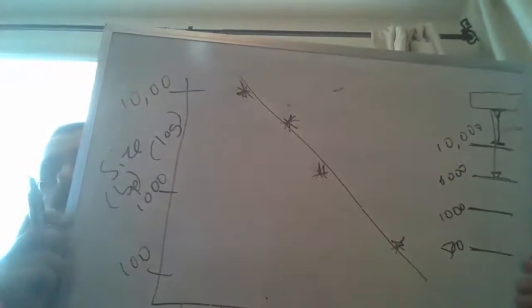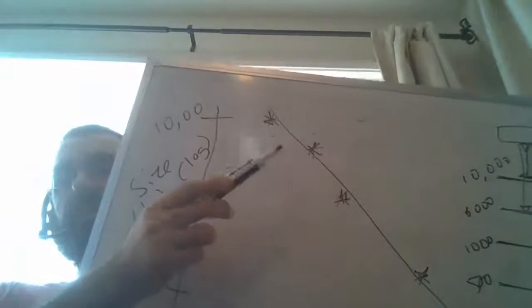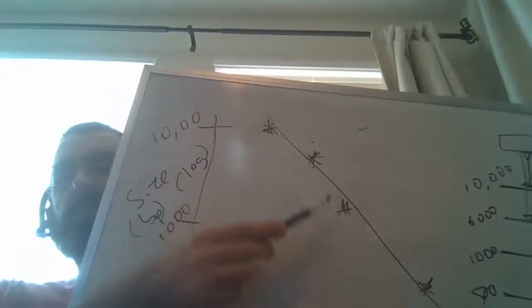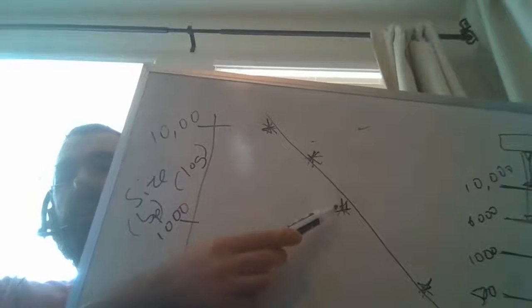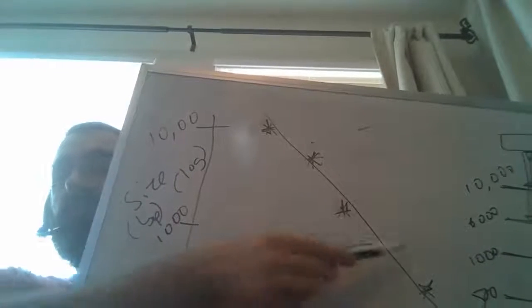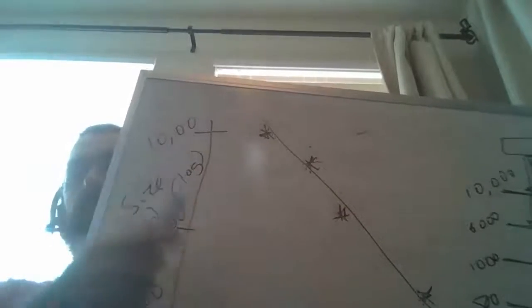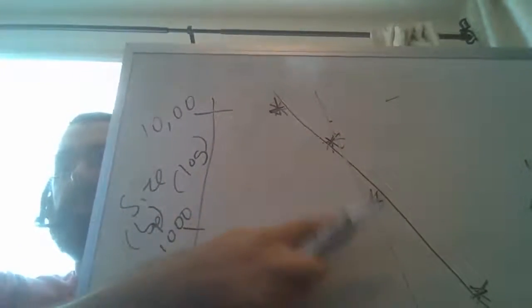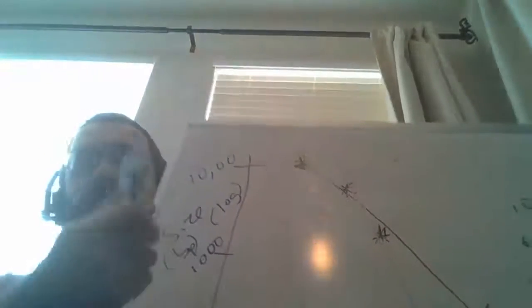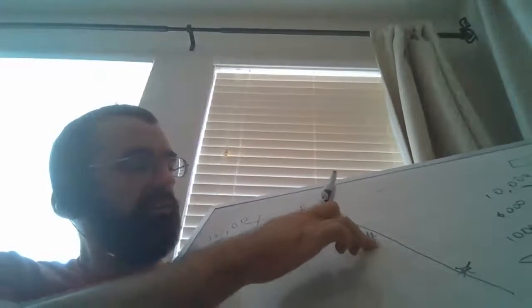But if you use a ruler, you want the smallest distance between each data point from your sizing standard and the line for all of them. So it's no good doing a line like that, because it's really close to these two, but really far from these two. That's why it's called a line of best fit.